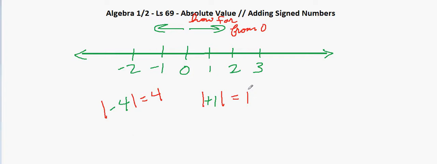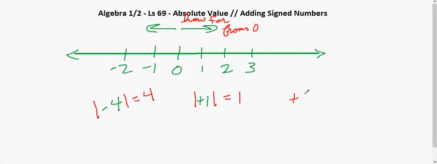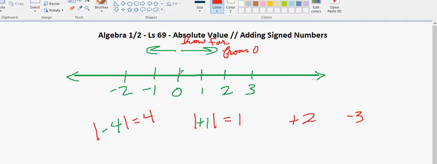There are rules for adding signed numbers. Many textbooks will use arrows to help explain these rules. Positive numbers are represented by arrows that point to the right. Negative arrows will point to the left. To help us visualize something like plus 2 and minus 3, we begin at 0, okay?